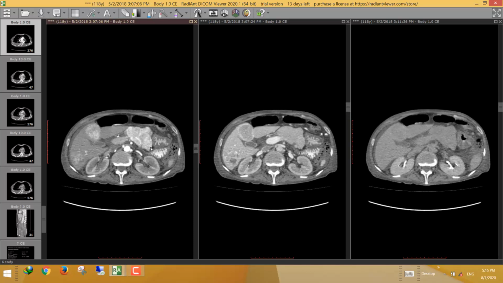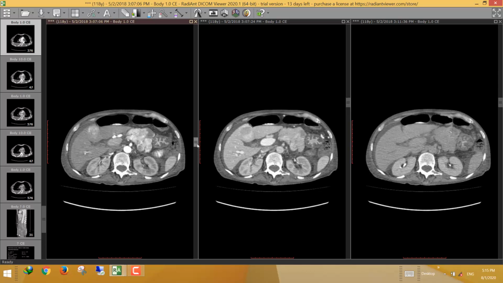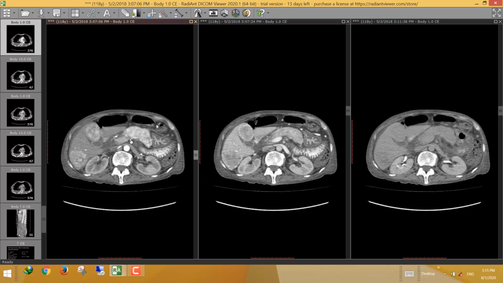This mass lesion is hypervascular, as it shows intense enhancement at the arterial phase. So this is a hypervascular lesion seen at the pancreatic body and tail.